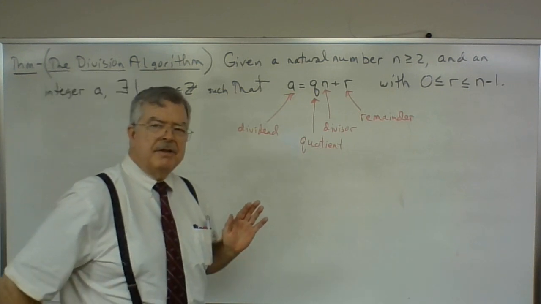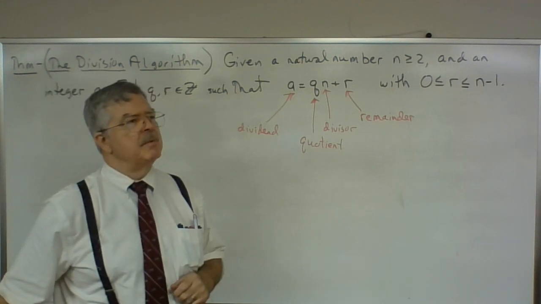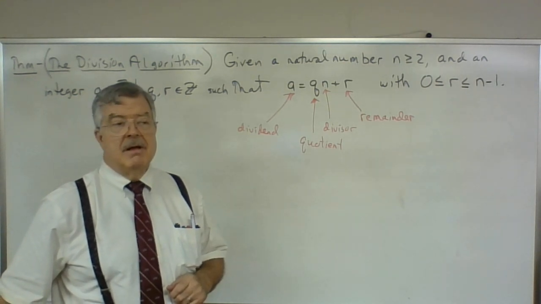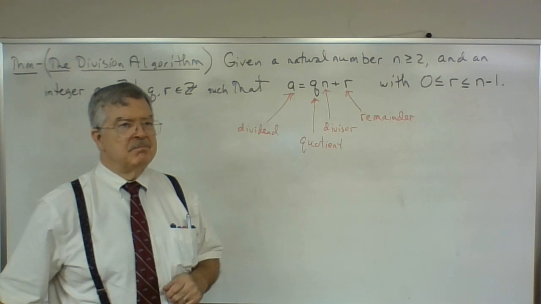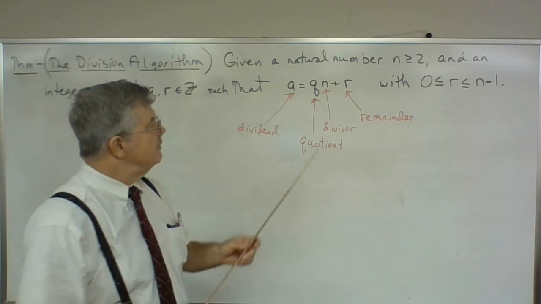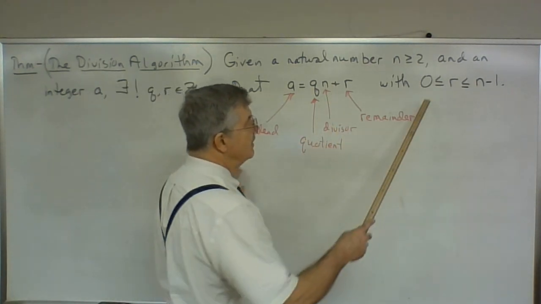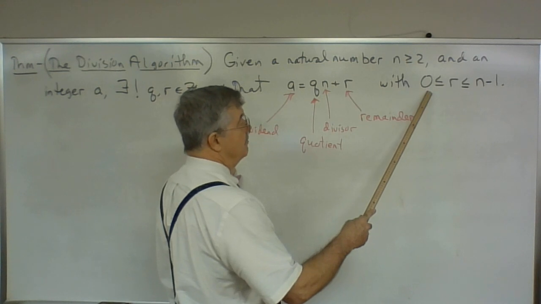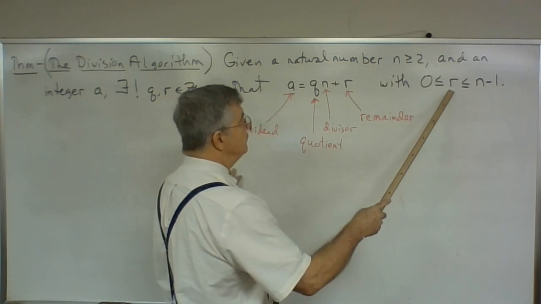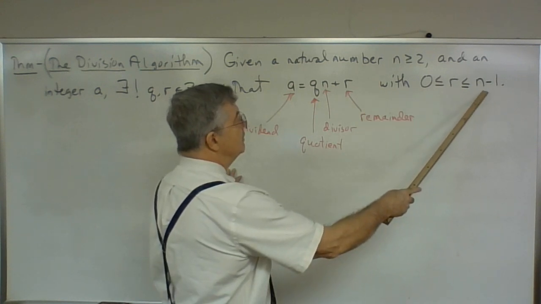But this is actually compatible with the way that we were taught to do division before we were really capable of grasping concepts. Notice that the remainder is never a negative number. And the remainder is also less than or equal to n minus 1.